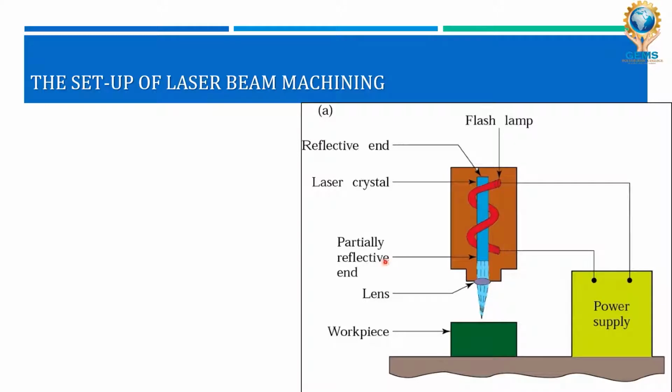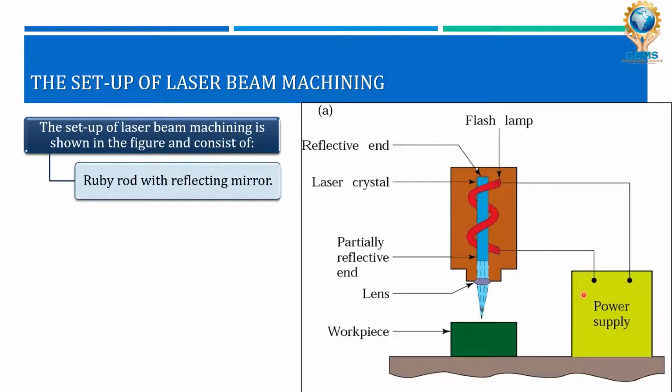So this is the schematic sketch of the laser beam machining, and it consists of the ruby rod with reflecting mirrors. At the center, this is the ruby rod with reflecting mirror, with one end having the fully reflecting mirror.